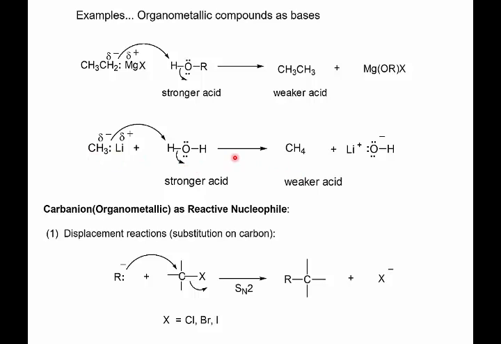This is a favorable acid-base reaction from left to right. So the point being that organometallics, the carbanion component, is so powerful, so strong a base, there will be a favorable acid-base reaction even if the acid they're reacting with is very weak.